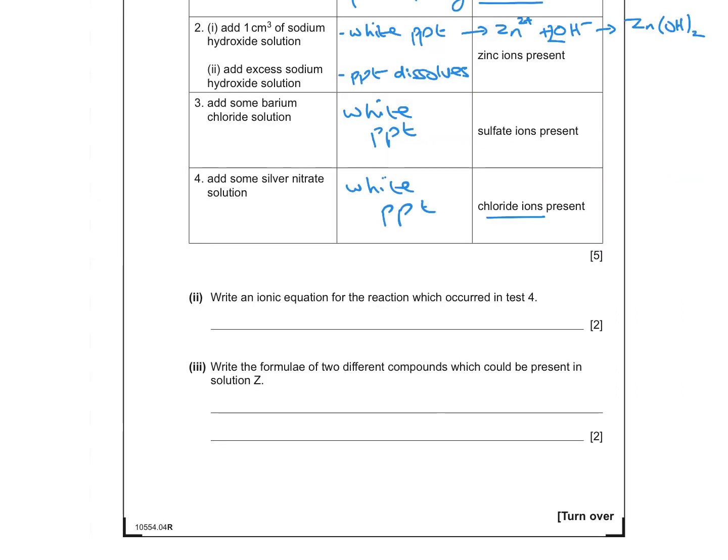Now, the ionic equation for test 4. Well, the ion in silver nitrate solution that is the important one, if you like, is the silver ion. And it reacts with chloride ions. Now, those are both soluble in water.